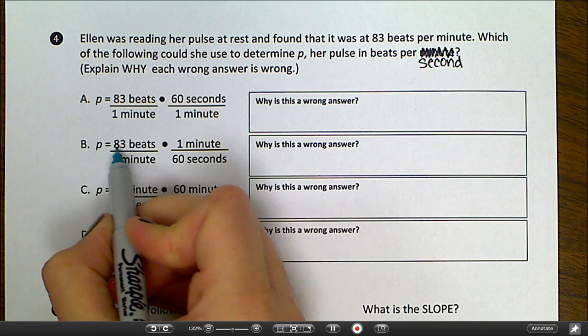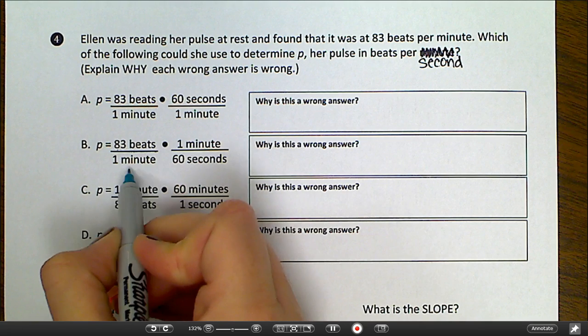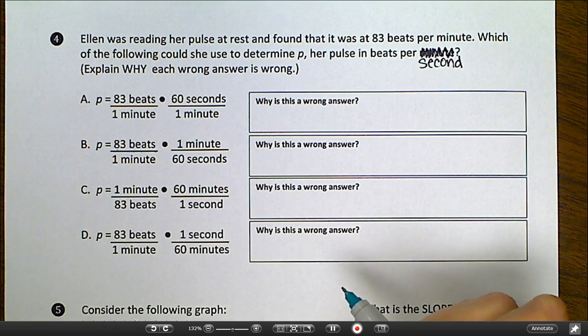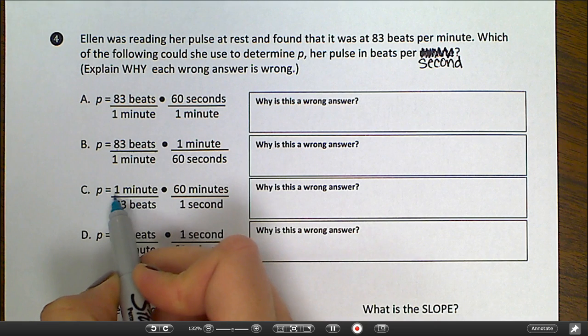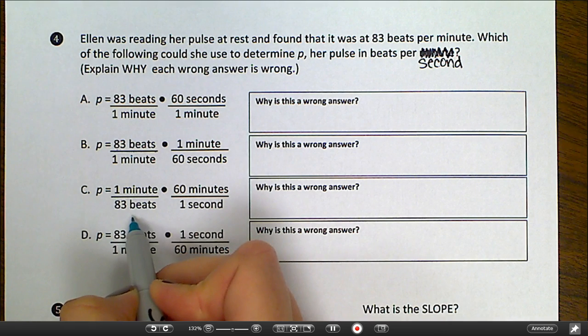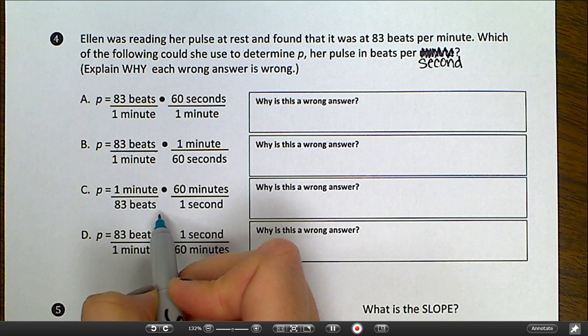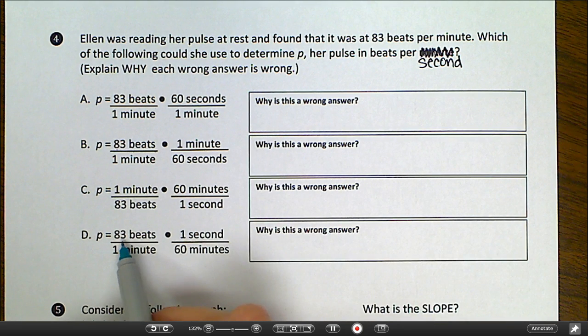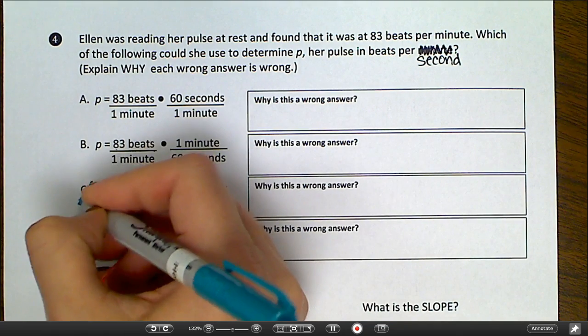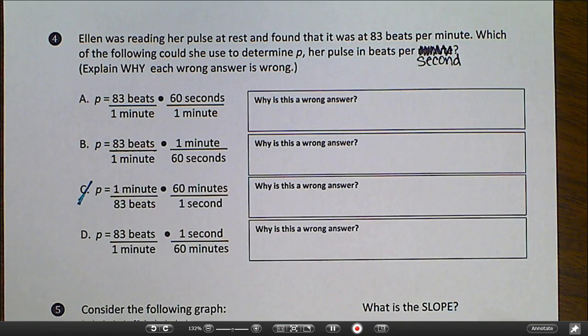This one also says 83 beats per minute. This one says 1 minute per 83 beats. And then this one says 83 beats per minute. So I'm going to get rid of C because I really want it to be beats per minute. I want minutes on bottom.